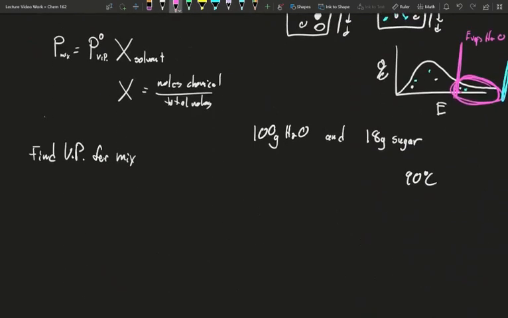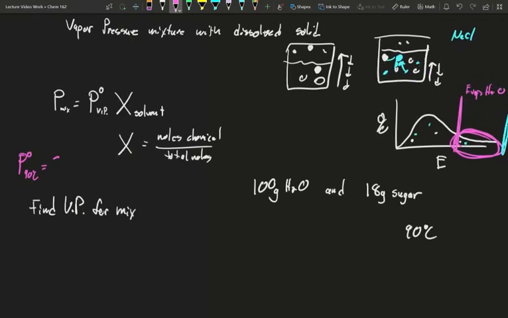So the pure vapor pressure for water at 90 degrees Celsius is 526 torr. So I've got one part. I need my mole fraction. For that, I need to convert some weights to moles. Well, 100 grams of water, and that is 18.016 grams in 1 mole, will give us 5.55 moles of water.